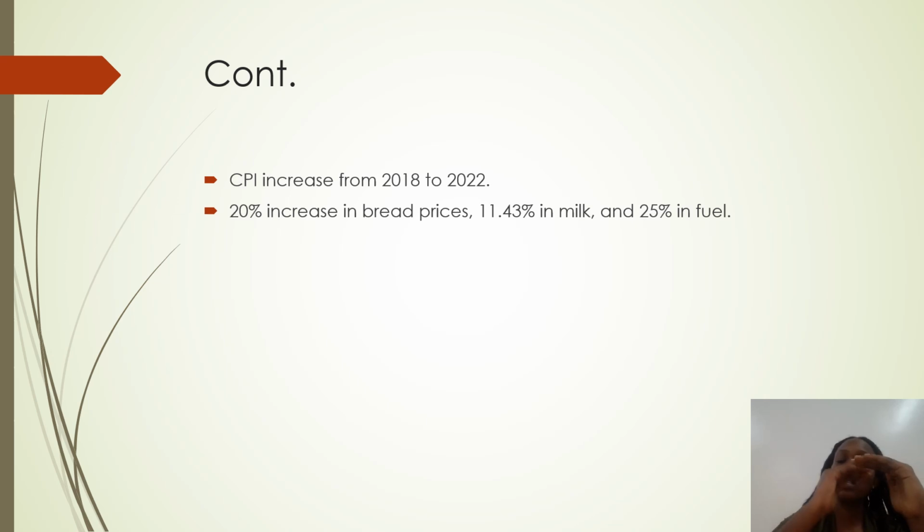So that increase in the CPI shows how the prices increased over the 5 years. The same applies to milk and fuel. When we do the calculation, we see that there is an increase of 11.43% on the milk side, and also an increase of 25% in the fuel price.